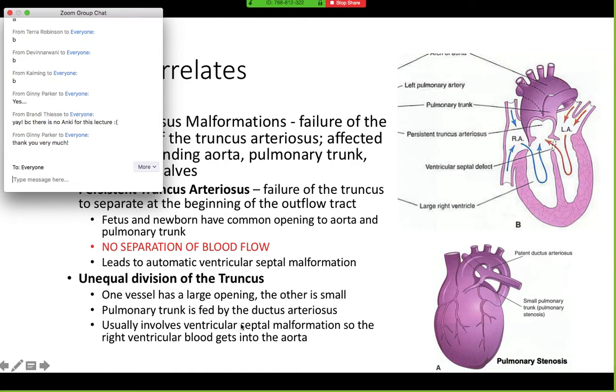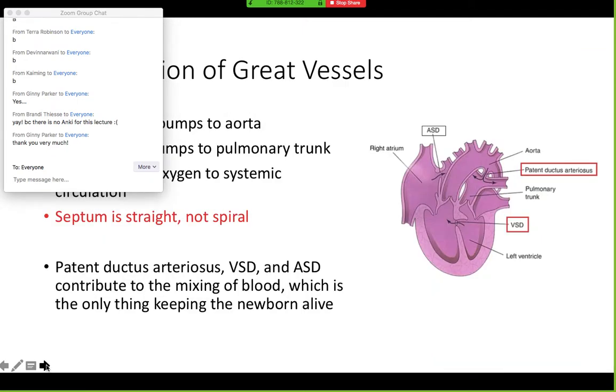So this occurs when the pulmonary trunk is fed by the ductus arteriosus, and it usually involves a ventricular septal malformation. So the right ventricular blood gets into the aorta.